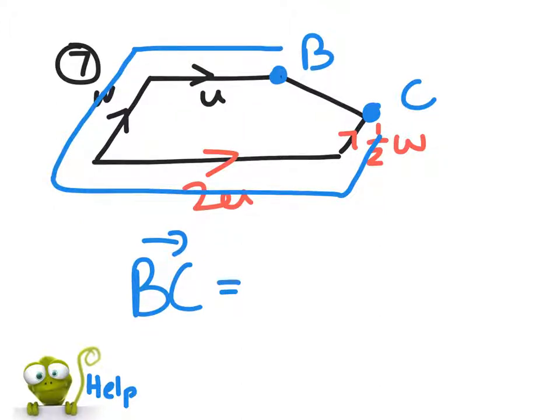So the first one that we come to as we go from b is we go the opposite direction to u. So that's -u, and then we're going to go a -w. Then we're going to go along here, which is a +2u, and then a +½w. And once you've put all of these in here, just add them up to get your final answer.